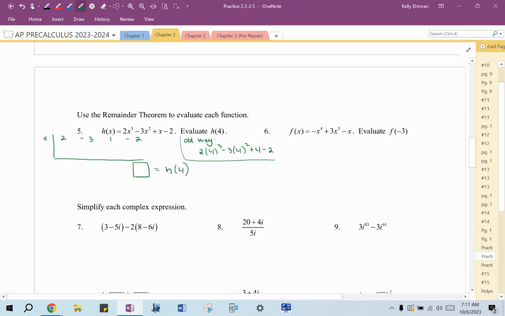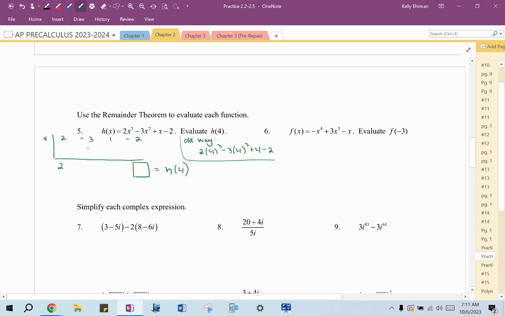And why does that work? Without doing a big formal proof, remember when we put in a number that we know is a 0, something that divides perfectly into a function, we get 0 in the remainder spot. So that is the function value as well. So that's kind of a connection you can make. So when I plug in 4, I should get, after doing synthetic division, whatever this answer is.